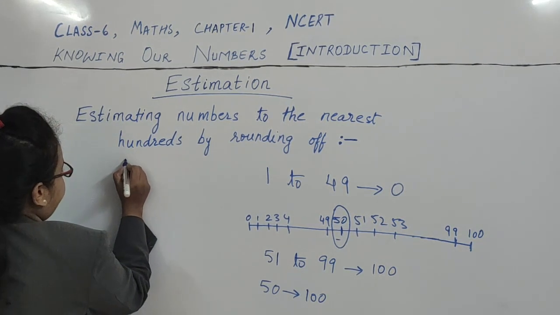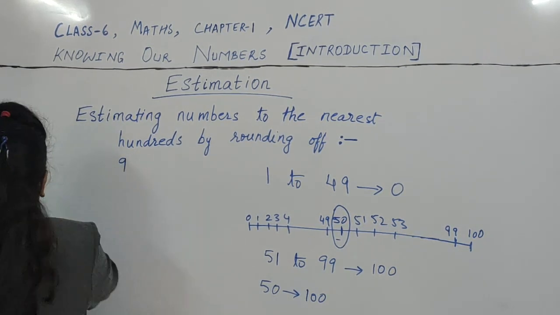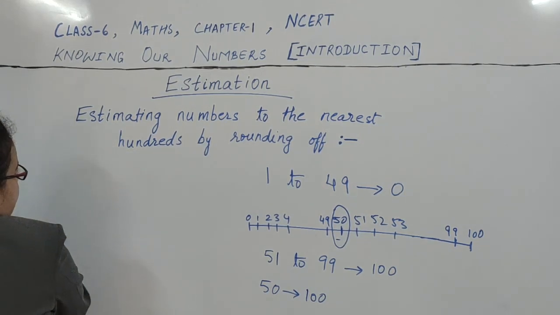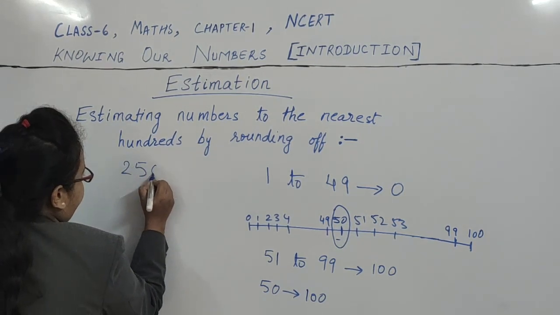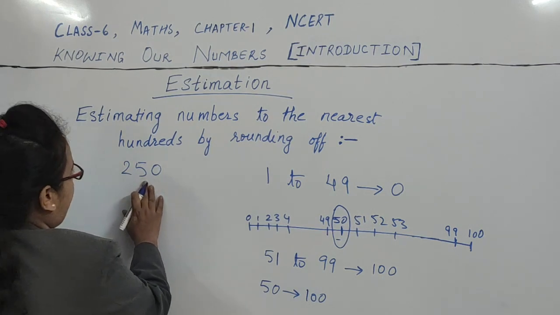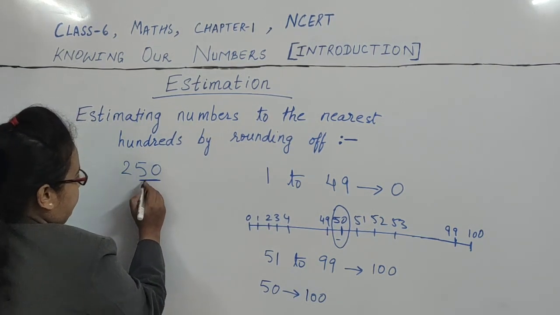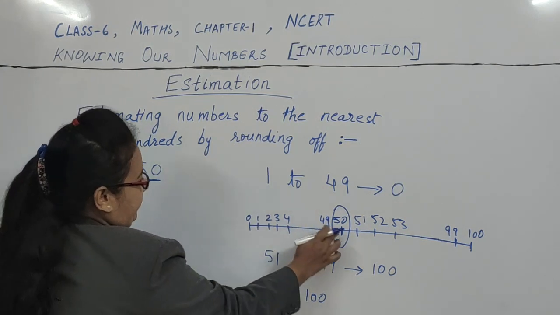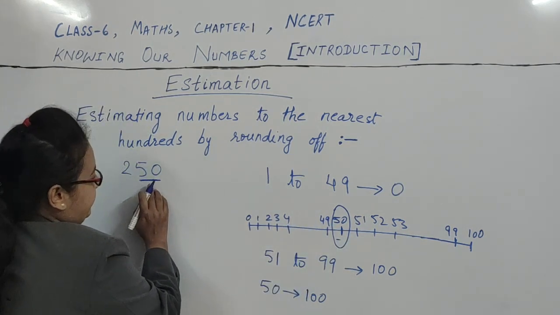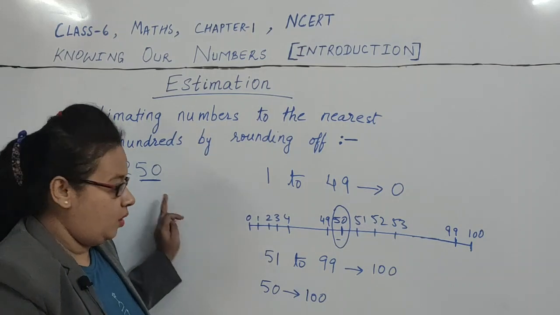If one number is 250, what do we do when we round it off to the nearest 100? We look at these two digits, which make a number. So 50. What is that? 50 is the middle number and it is rounded off to 100.